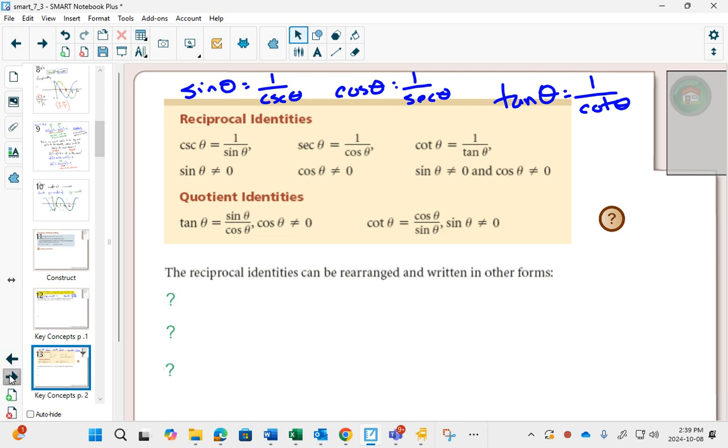We're allowed to use any of the reciprocal identities and any of our big ideas, tan or cotangent or sine squared theta plus cos squared theta equals 1, and we're going to prove new identities. And so the next section of this course is proving identities. And I got a handout for you that we're going to start and do some together.